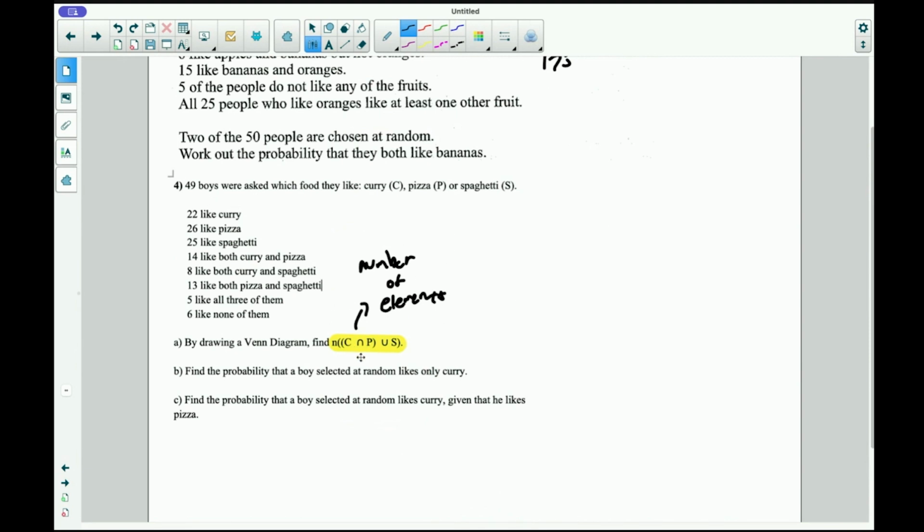So number of boys in the intersection of curry and pizza, and the union with the number of boys who like spaghetti.